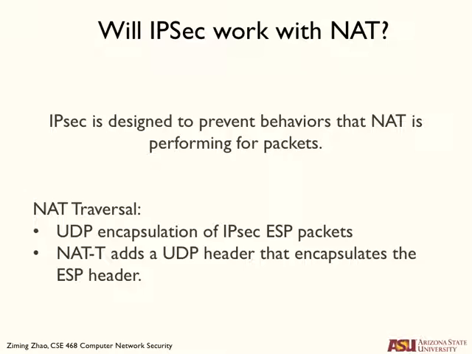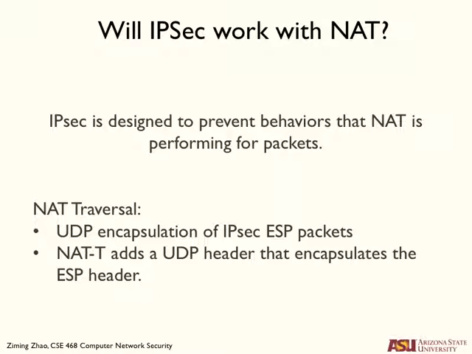So basically, IPSec is designed to prevent something like this, to prevent the middle boxes or attackers in the middle from changing the source IP address and destination IP address. So that's why this is a huge problem.